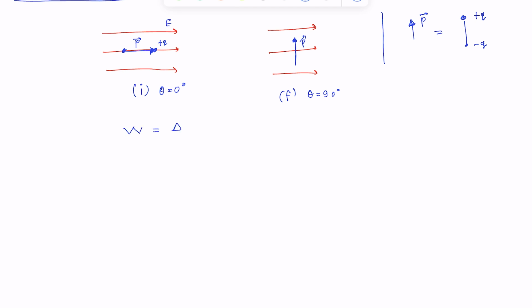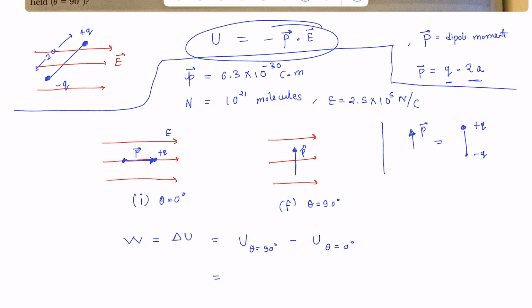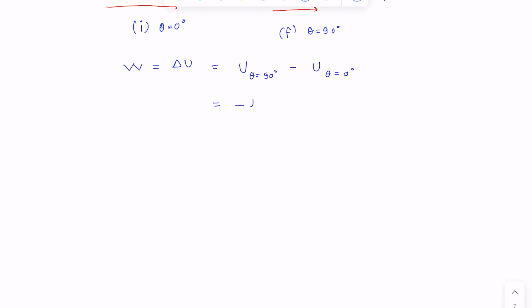the change in potential energy. In our case, the change will be U when theta equals 90 degrees, minus U when theta equals 0 degrees, right? And then U is given by minus p dot E, so it's minus p dot E, and this will be minus again p dot E, but this is theta equals 0 and this is theta equals 90 degrees.